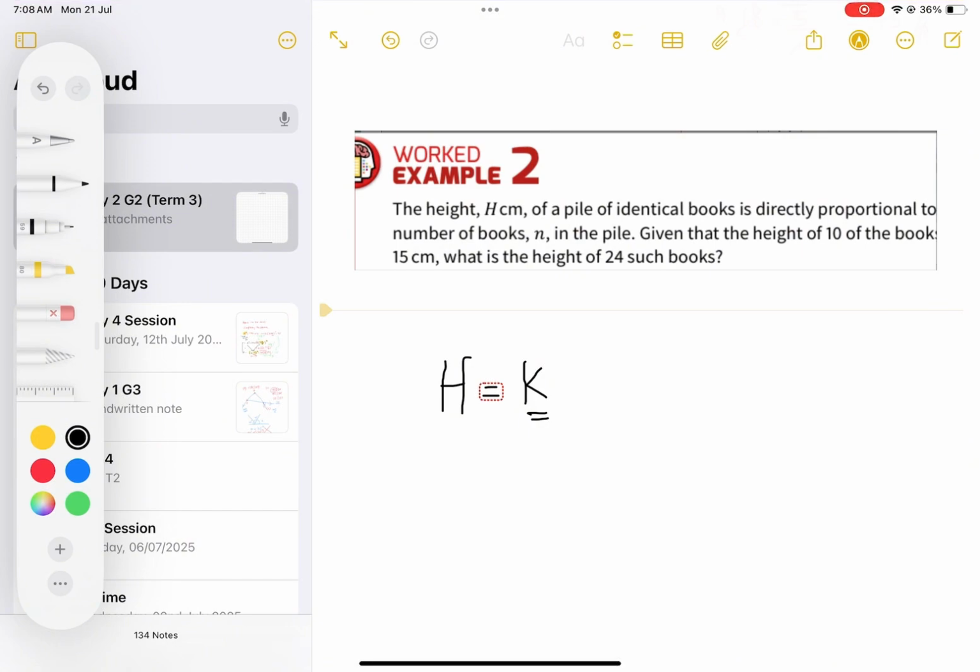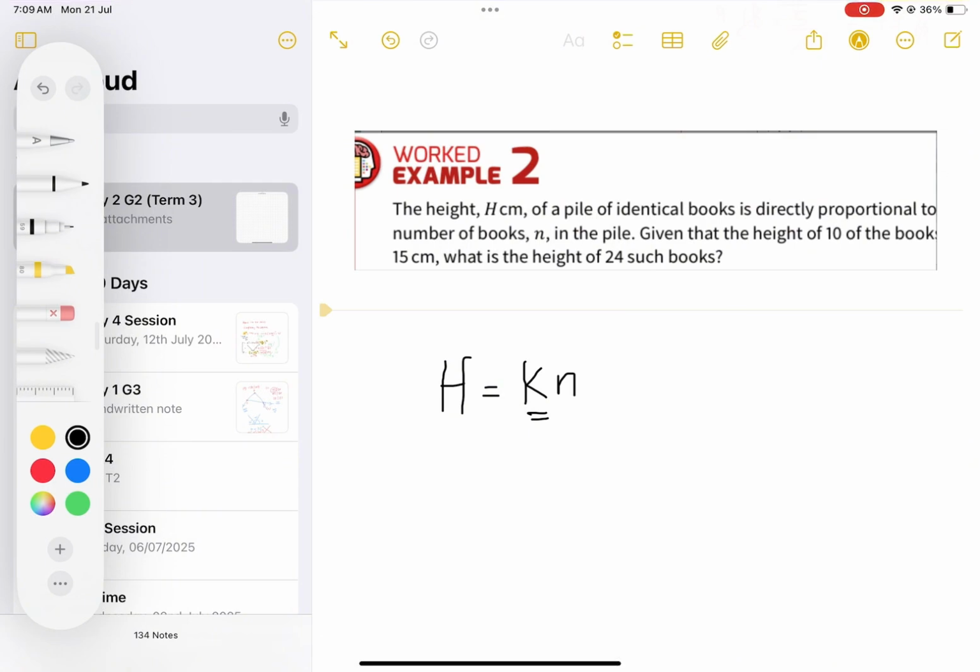The next variable that we are mentioning is n, so it will join with the k. Whatever has been mentioned first will always be on the left, directly proportional is the sign equals to k. Whatever is mentioned later, in this case the n, will be on the right together with the k.